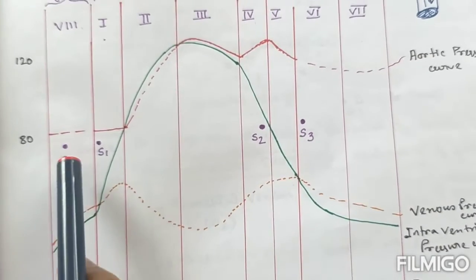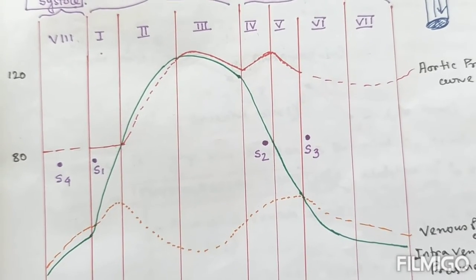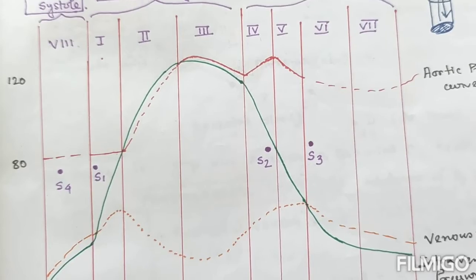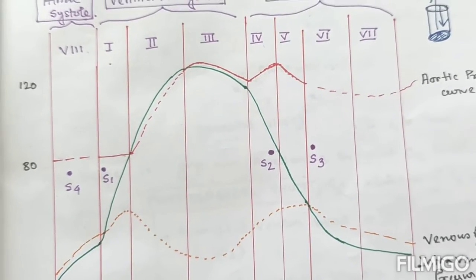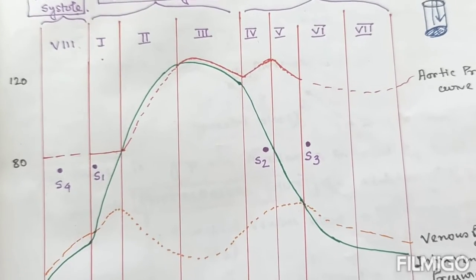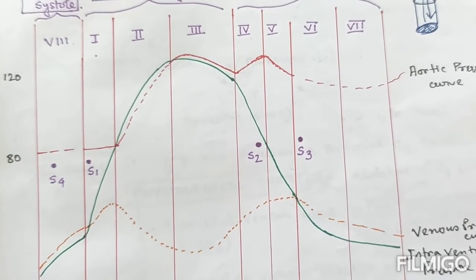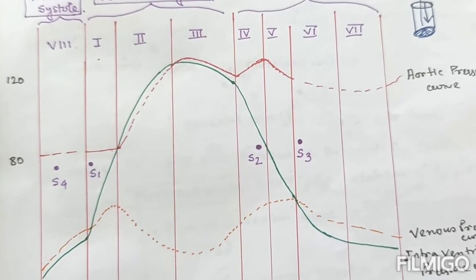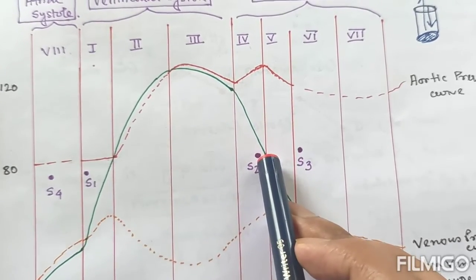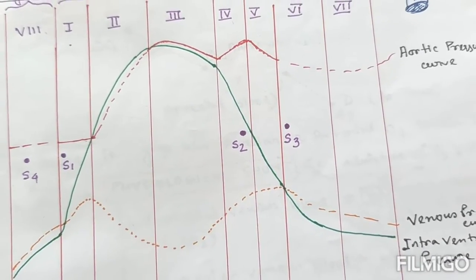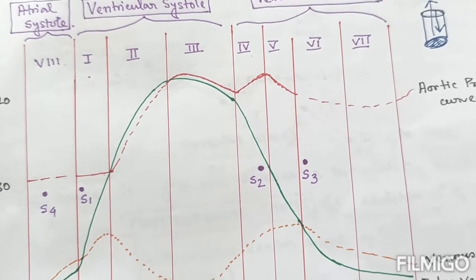Now similarly, the heart sounds. S1 is the closure of the mitral and tricuspid valves, so it is found at the initiation of ventricular systole. When systole starts, to prevent the backflow of blood, the mitral and tricuspid valves get closed. S2 is found at the end of protodiastole, when the ventricle is dilating or starts diastole.